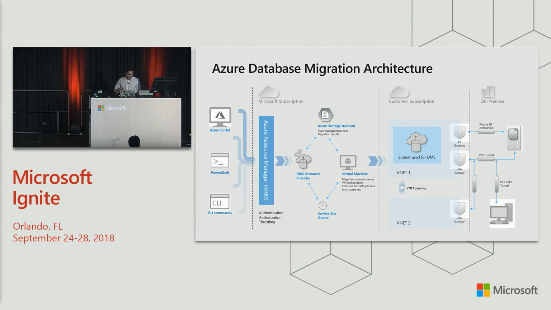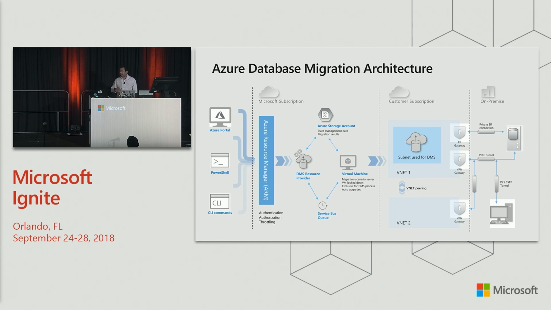So how does it work? It provisions a migration engine that connects to your network to actually access the source. The source can be on-prem or in a competitive cloud, wherever it runs, in AWS or Atlas. And then it moves the data over your network into Azure. So even though the service runs in cloud, we don't actually see any data, and it's over a secure channel.